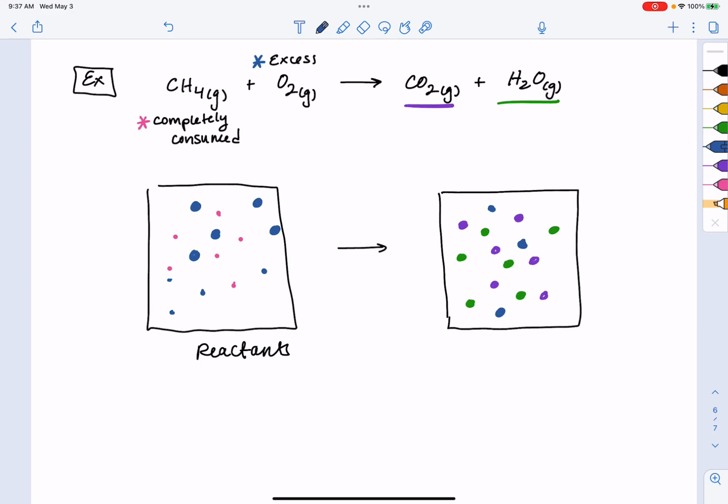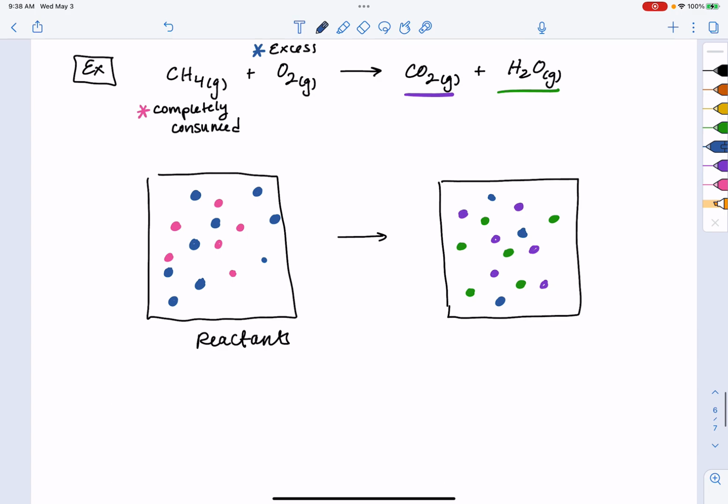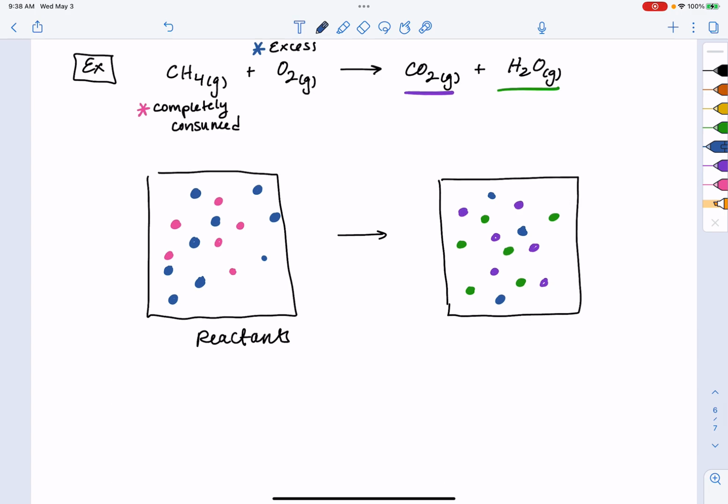So I used 6 moles of methane and 9 moles of oxygen. That created 6 moles of CO2, 6 moles of H2O, and then the remaining 3 moles of O2 in our product vessel.